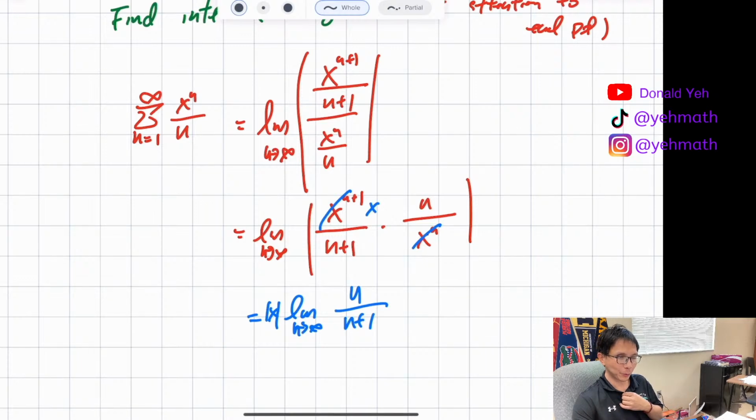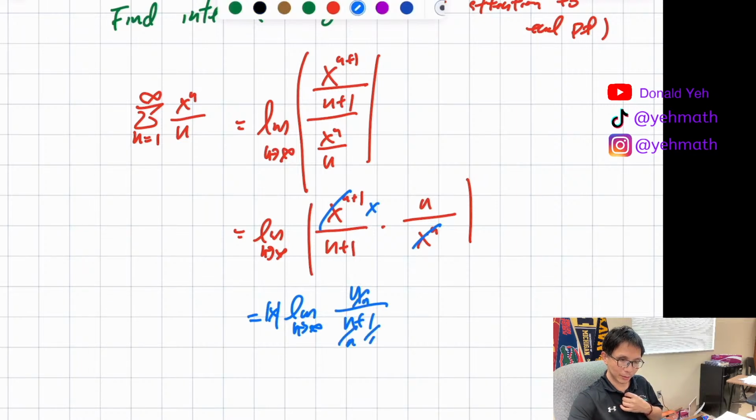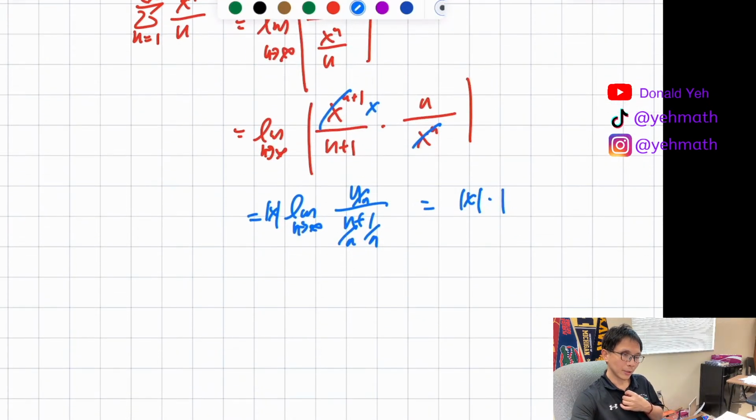Now what happens if we reach infinity here? The limit is equal to 1. I can divide by n on both top and bottom, right? So that's equal to absolute value of x times 1. Is that okay? So remember, absolute value of x times 1 must be less than 1.